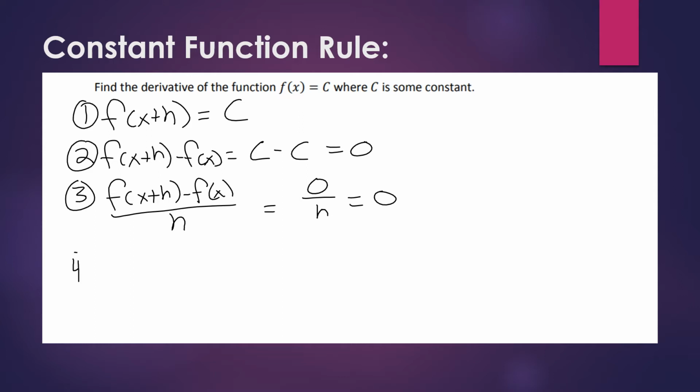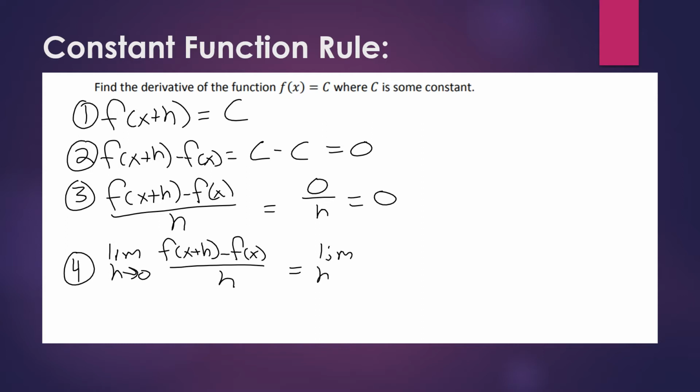And then the fourth step, we're going to take the limit as h approaches 0 of f of x plus h minus f of x over h, which is going to be the limit as h approaches 0 of 0, which equals 0. So what this proof is saying here is that the derivative of a constant is 0.